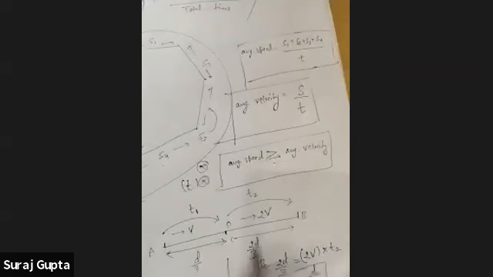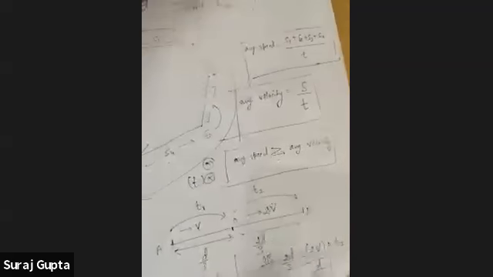Okay, so this one is the question: the particle travels from A to B, the first 1/3 distance with speed v and the remaining 2/3 distance with speed 2v. I assumed that the time taken by the particle from A to O is t1, and the time taken from O to B is t2. And then we applied this equation.